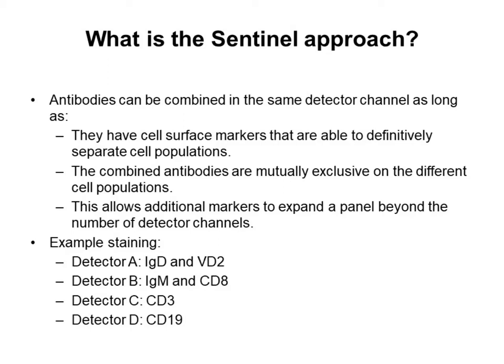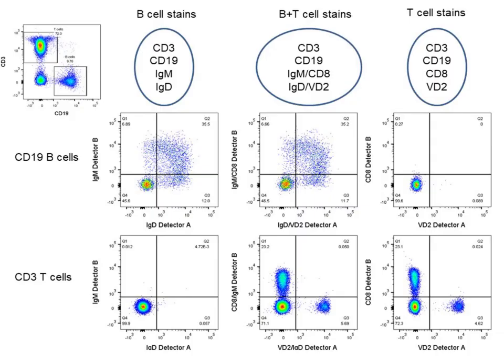It's something we have tested. It works quite well. You need, of course, to test that it really works and does not create problems. I'm just showing here an example of a Sentinel experiment we have run, where we have CD3 and CD19.